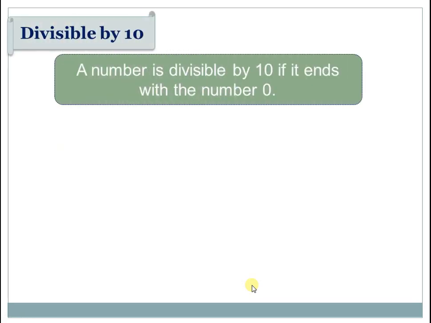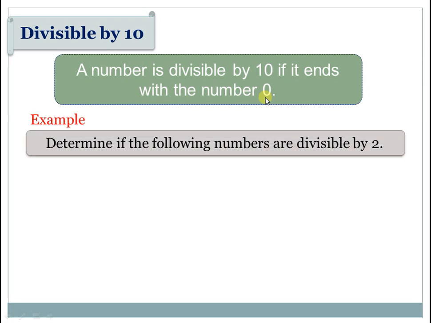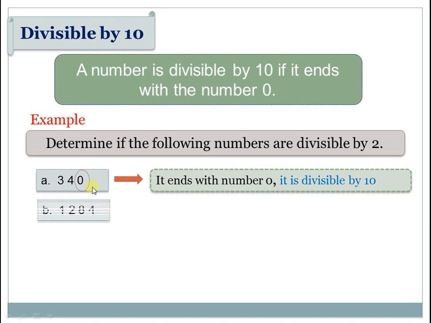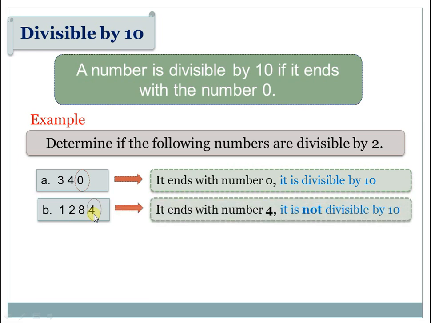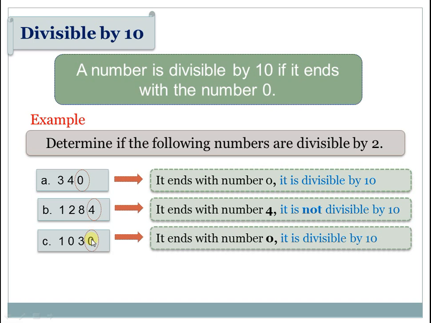Next, the last one is the easiest, divisible by 10. All we need to do is to check if the last digit ends with 0. So this one ends with 0, so 340 can be divided by 10 or divisible by 10. 284 ends with 4, therefore it is not divisible by 10. 1030 ends with 0, therefore we could say it is divisible by 10.